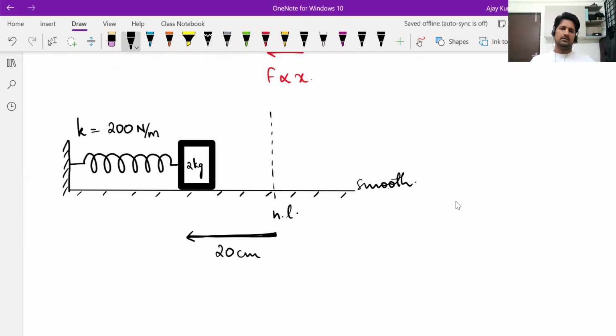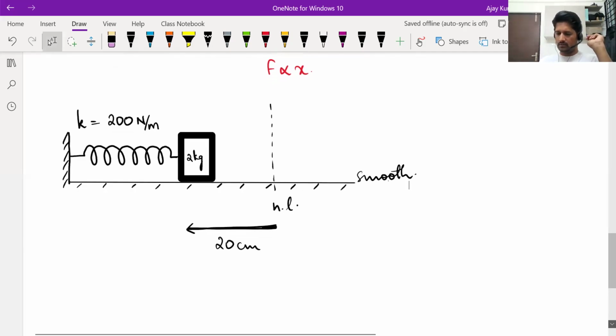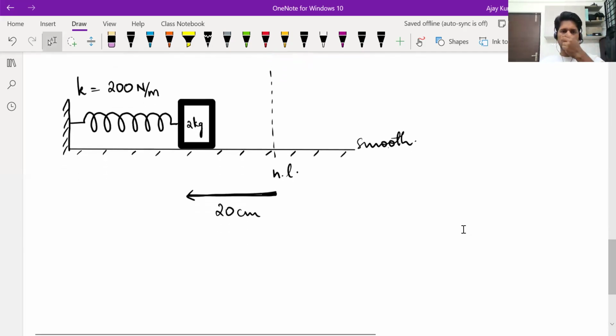What will happen if we release this block? The spring is already compressed, as I said. If you release the block, what is going to happen? What does a compressed spring do? Push or pull or nothing? Push, sir.